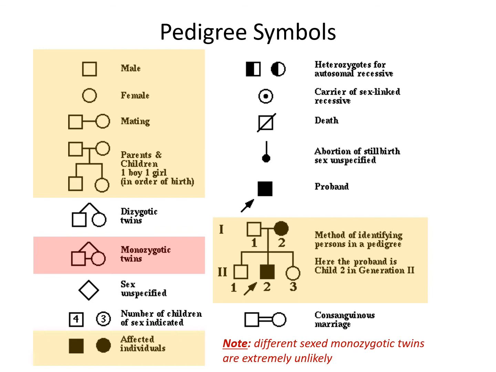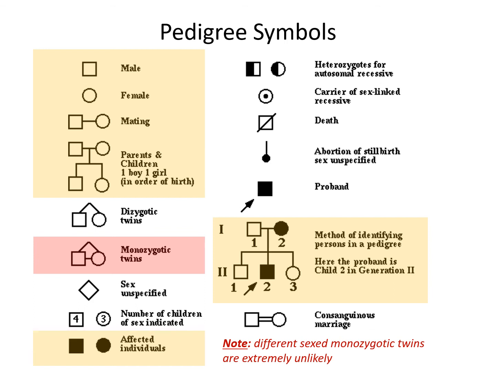There are some other symbols here that aren't used as commonly, so dizygotic twins, monozygotic twins, etc. I won't get into those, they're not used all that often. The affected individuals are going to be shaded in, as you can see, and sometimes, but not always, people that are heterozygous or carriers, the symbol is filled in partially, but they don't always do that on a pedigree.